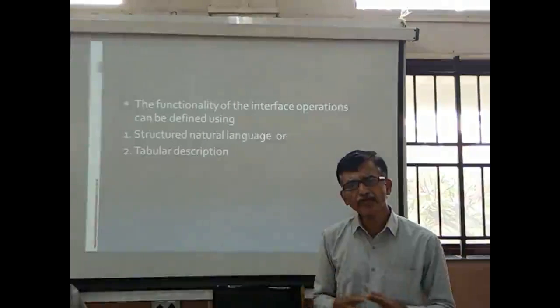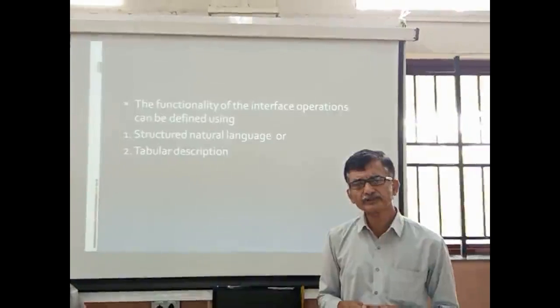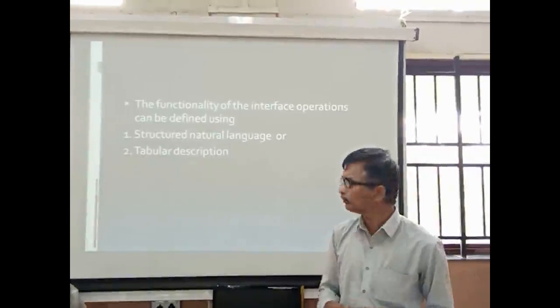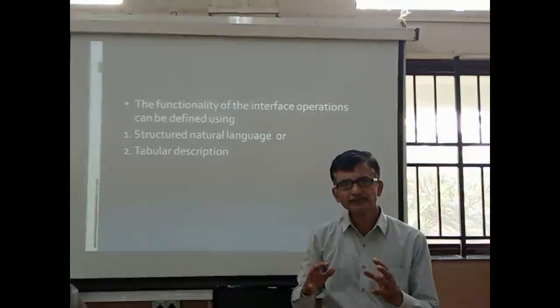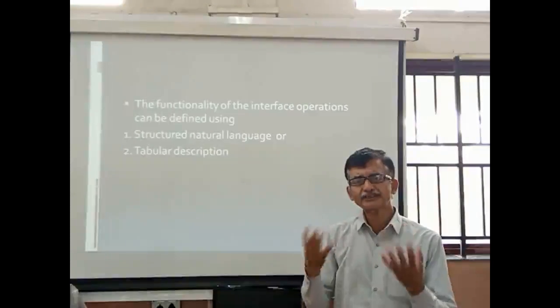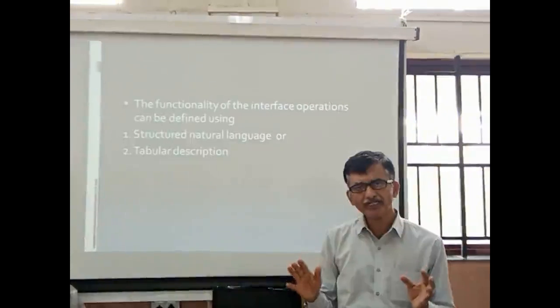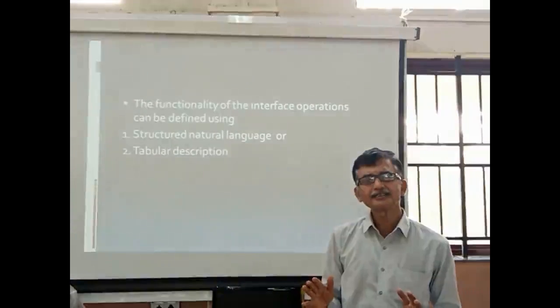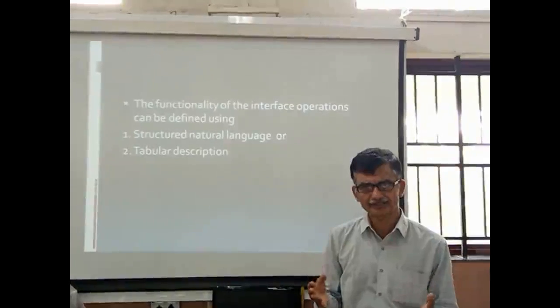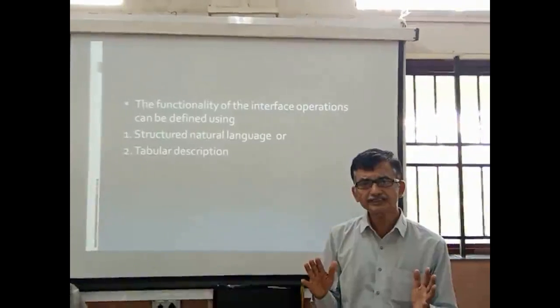Now, how can you define the functions of an interface? There are two ways. One is structured natural language. This is more than plain natural language. You cannot specify the system requirements in natural language; you can specify the user requirements, but not the system requirements.